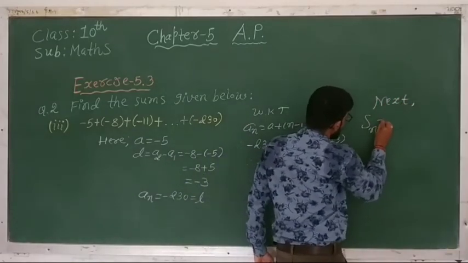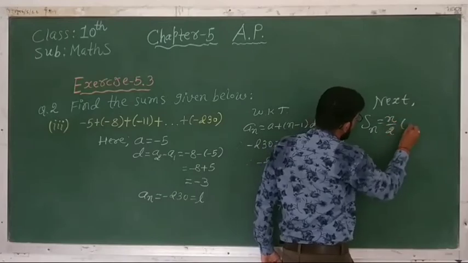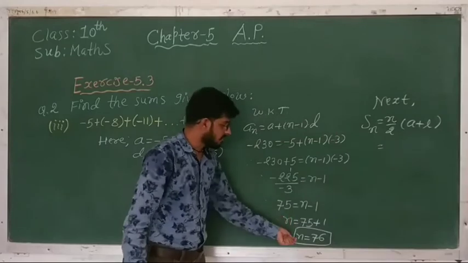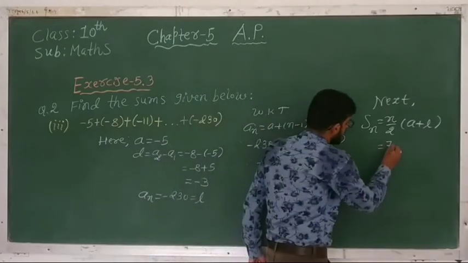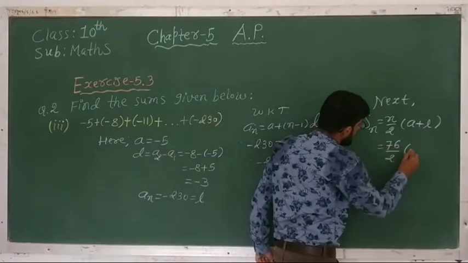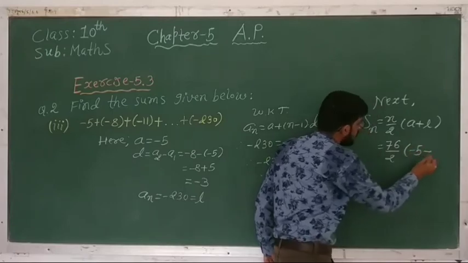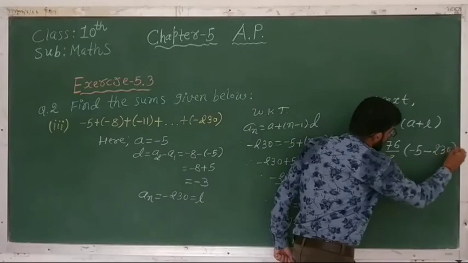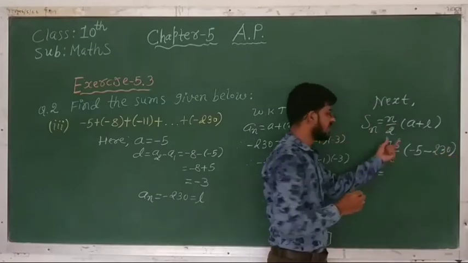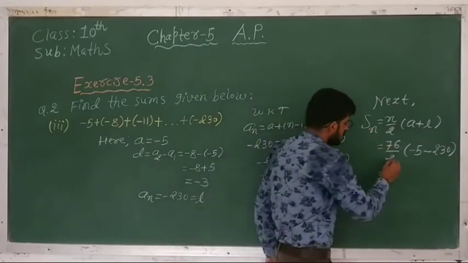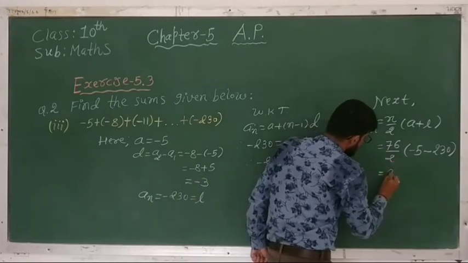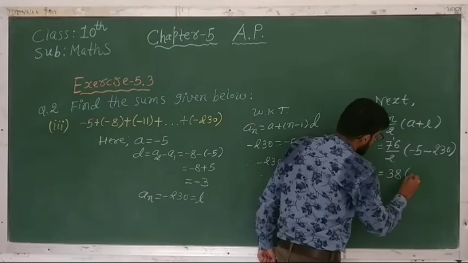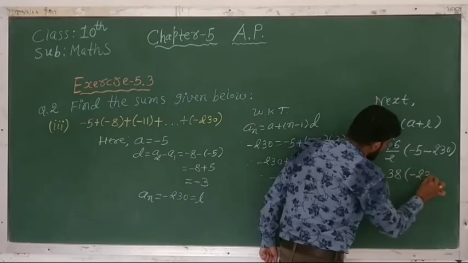Next, Sn is equal to n by 2 bracket a plus l. The number of terms is 76. So 76 by 2 bracket, a is minus 5, minus 230, is equal to, now 76 by 2 we have to divide, so the answer is 38, in bracket minus 235.